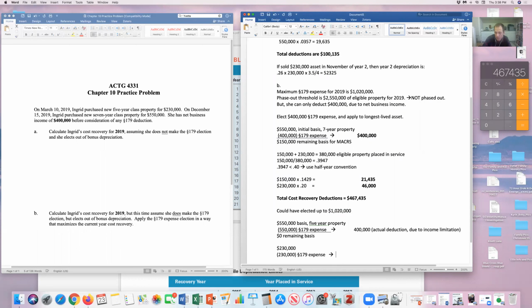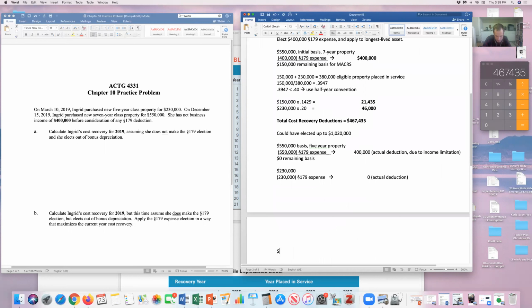But because of her income limitation and because she's already deducted the 400,000 on the other asset, she doesn't actually deduct anything. But nevertheless, she has $0 of remaining basis because of the amount that was elected.